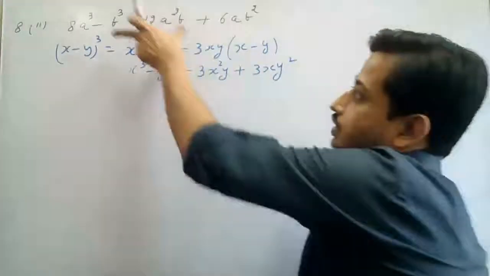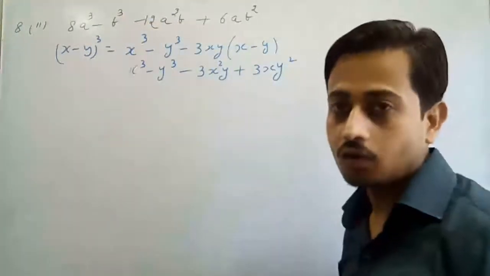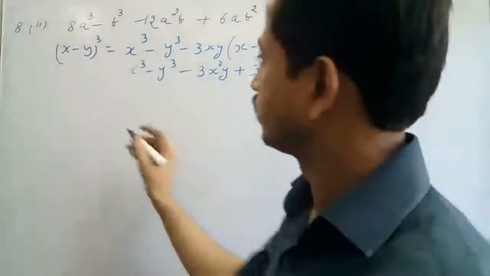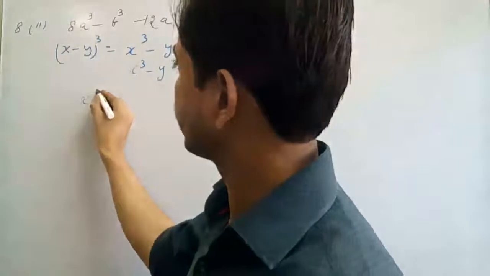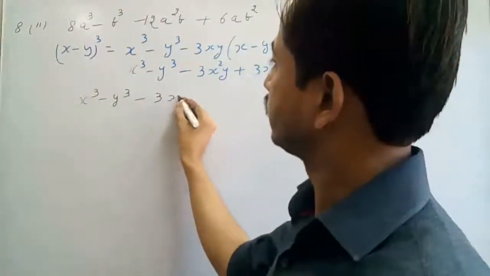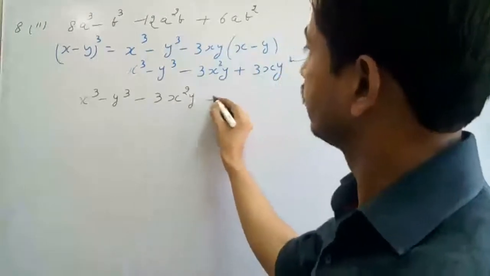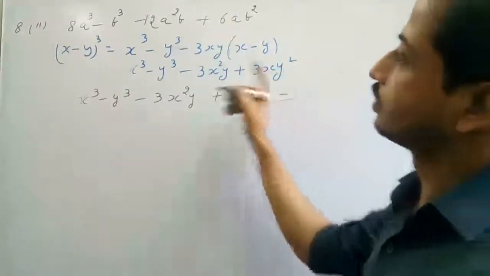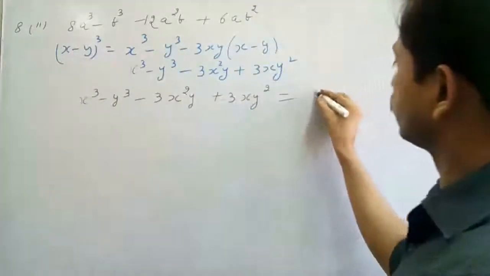Now match this term. This is the required format. So I just have to change the order. So our identity becomes x cube minus y cube minus 3x square y plus 3xy square is x minus y whole cube.